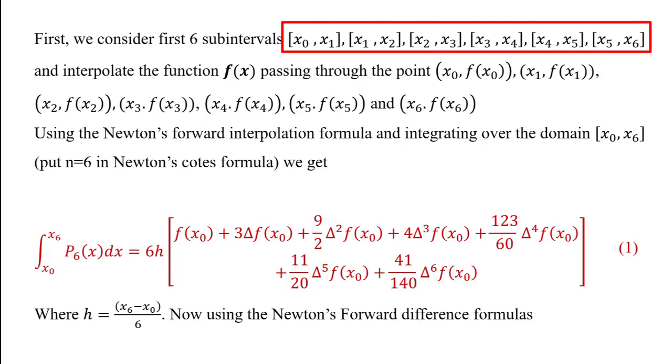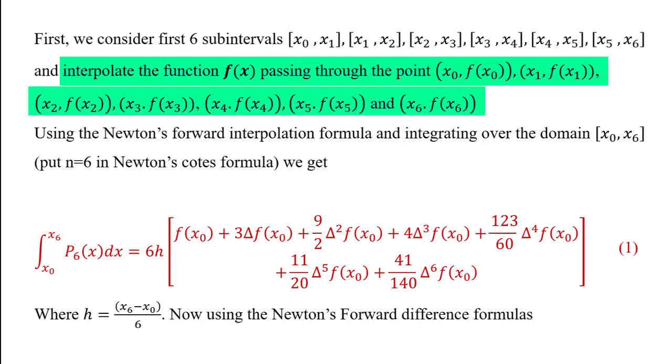First, we will derive Wedel's formula for the first group of 6 subintervals, and then similarly we will go for the next group of subintervals, and then at the end we will add these up to get the generalized Wedel's formula, or you can say the composite form of Wedel's formula.